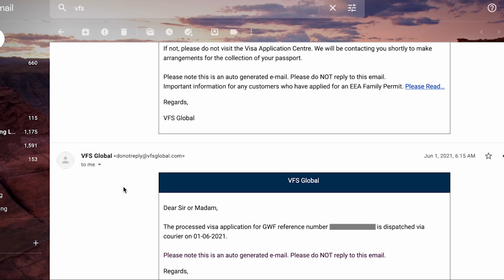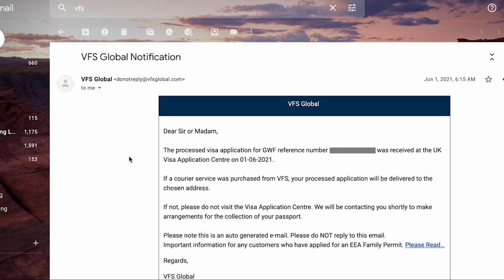In the next email, it says that my passport has been dispatched. So this email says the processed passport has arrived at the VFS Global office from the visa department, and now they are sending your passport back. You receive this email in both cases, if your visa got rejected or accepted.